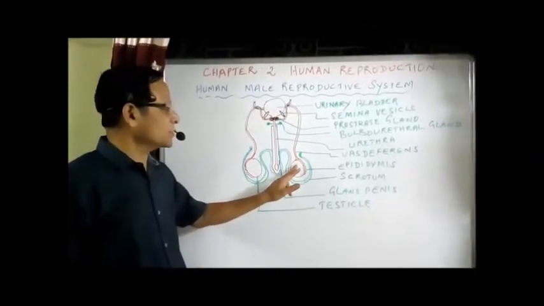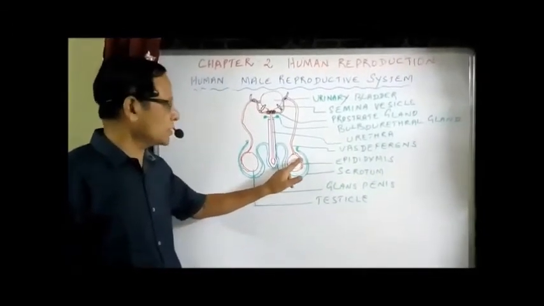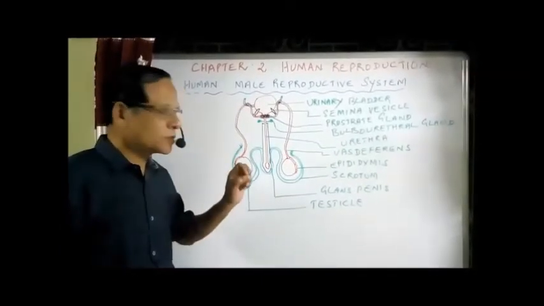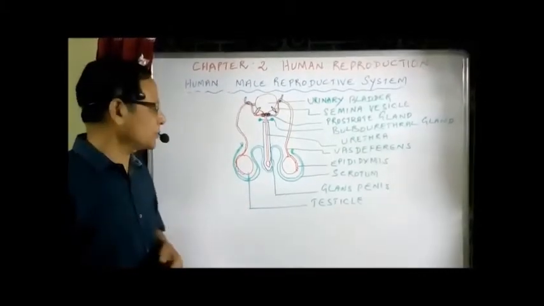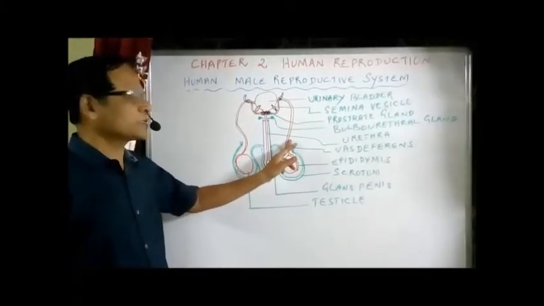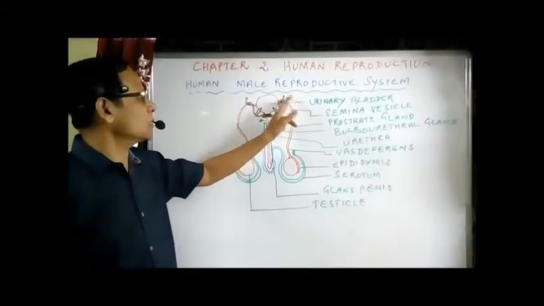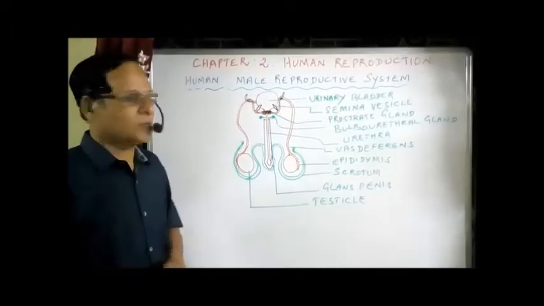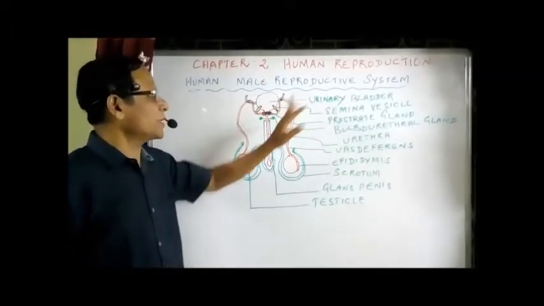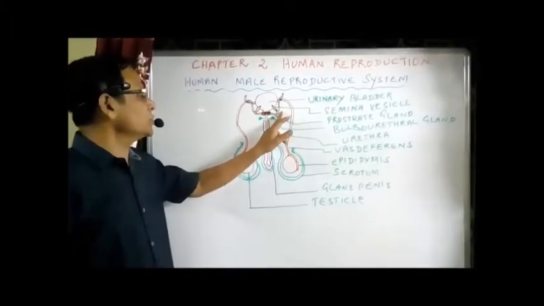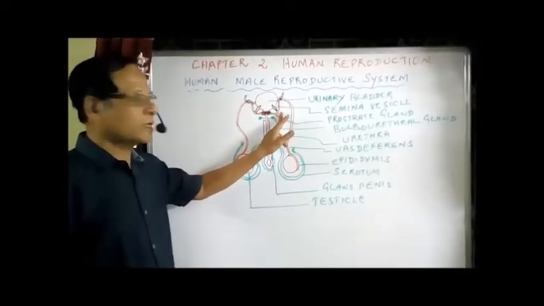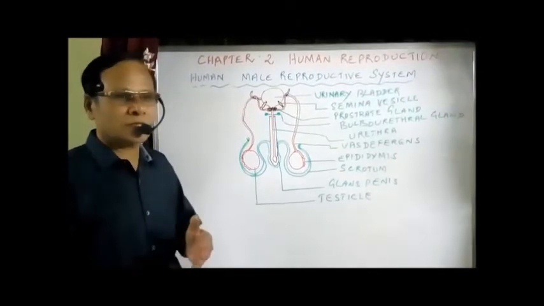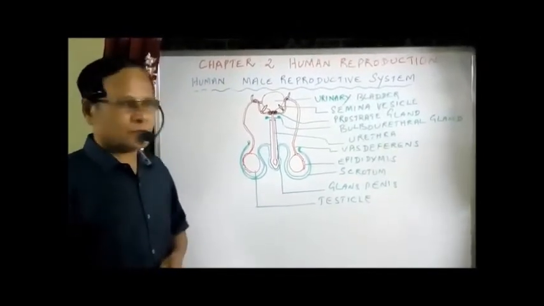From the outer surface of the testis we have a highly coiled epididymis, a simple highly coiled tubule for temporary storage of sperms, which leads into the vas deferens, running backward and opening into the urethra, the one present below the urinary bladder. Before joining with the urethra, it receives a duct from the seminal vesicle, one of the paired glands, which secretes seminal plasma.